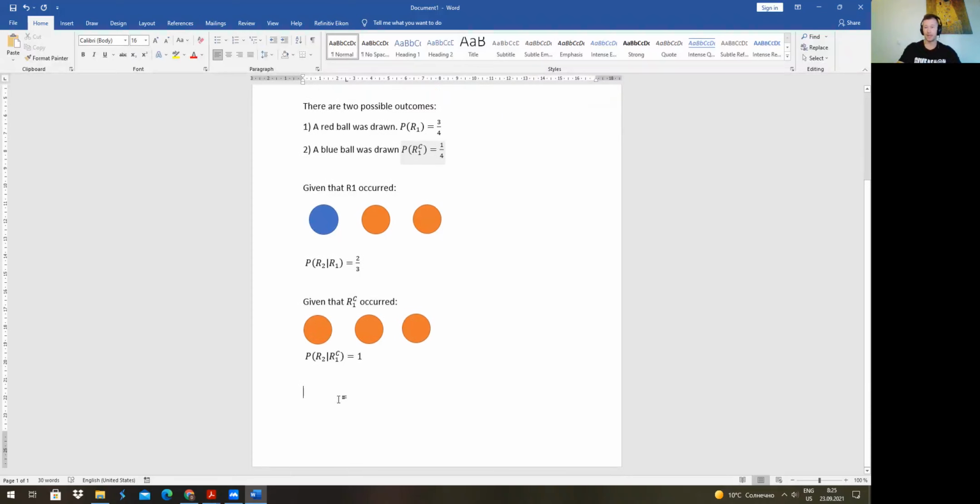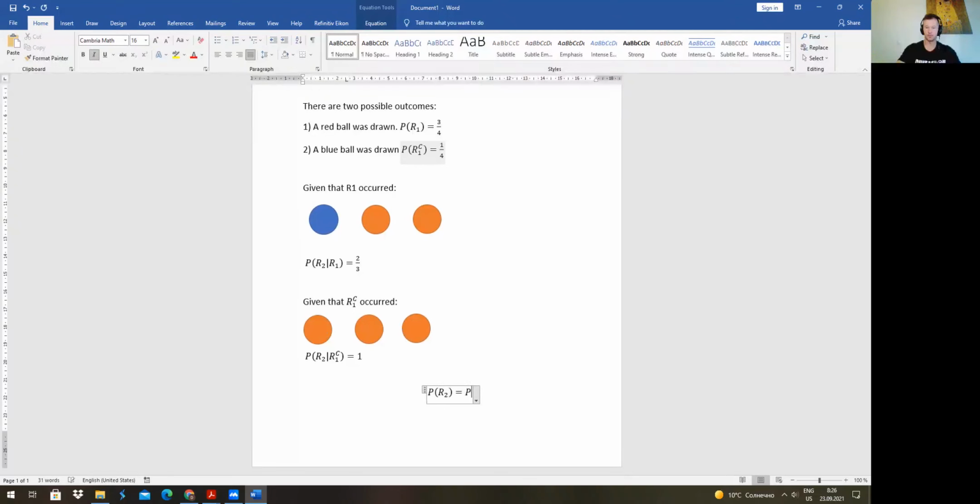So I need to sum the probabilities of these 2 ways. So now my total probability of R2 consists of 2 parts. So this is the union of these 2 branches.